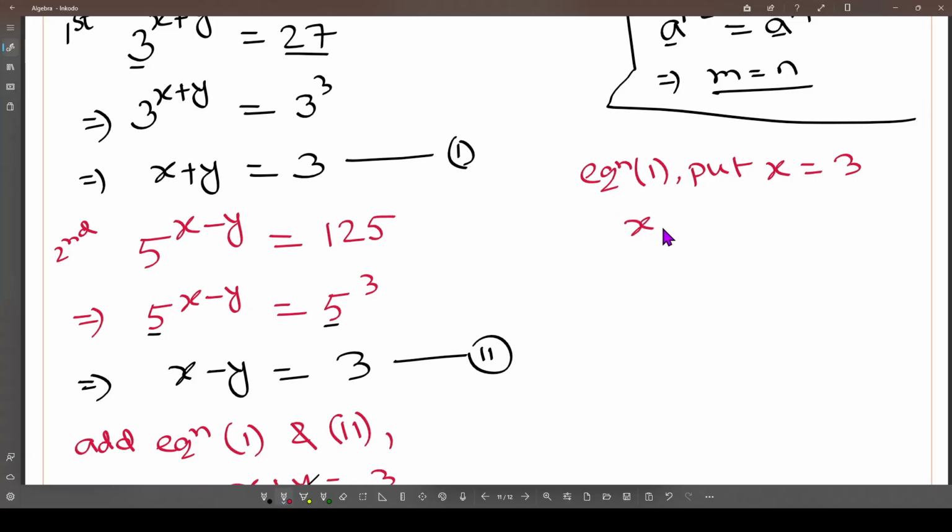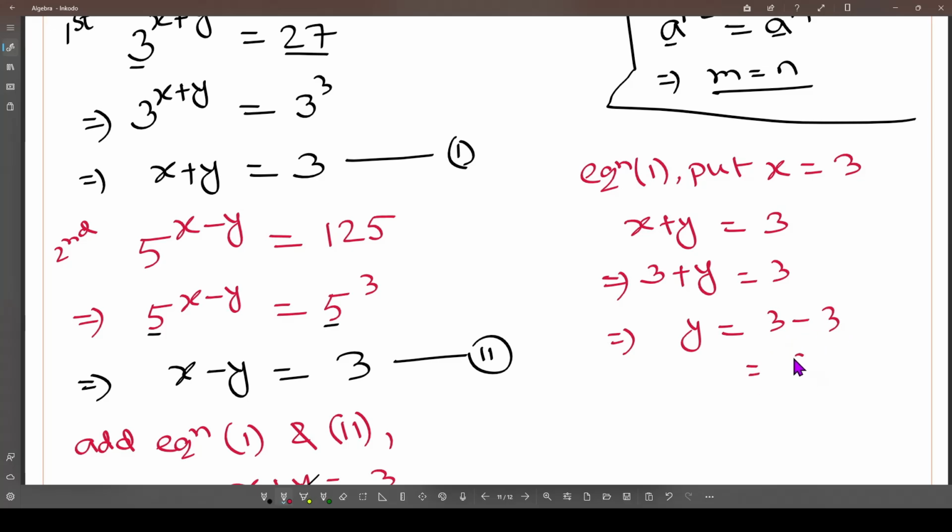So x plus y equals 3. x means 3, so we can write 3 plus y equals 3. We can transfer from the left side to the right side. So y equals 3 minus 3, which means 0. So x equals 3, y equals 0.